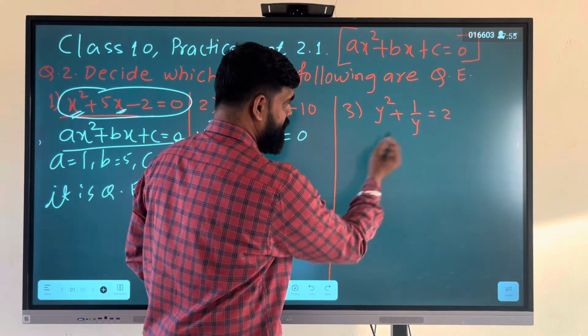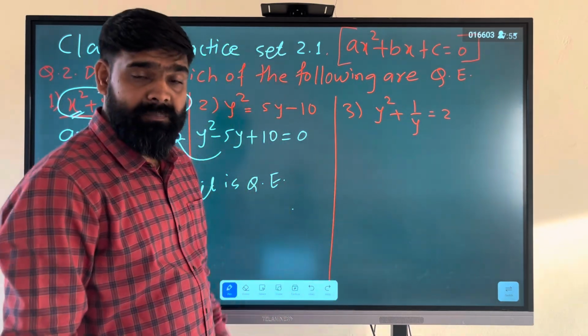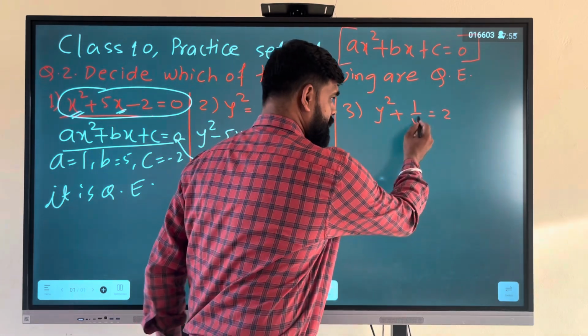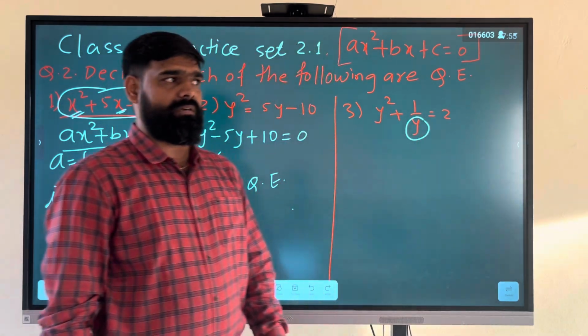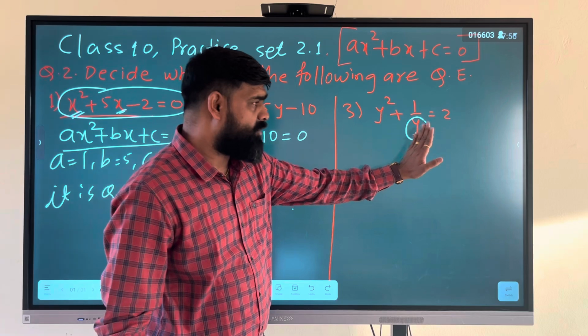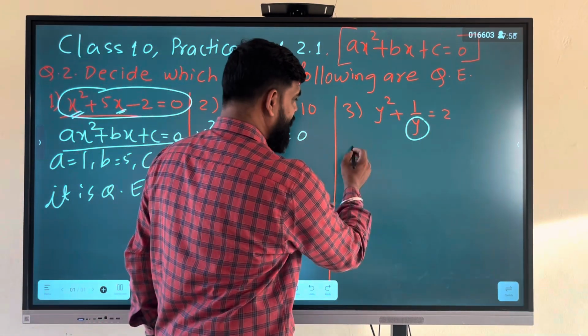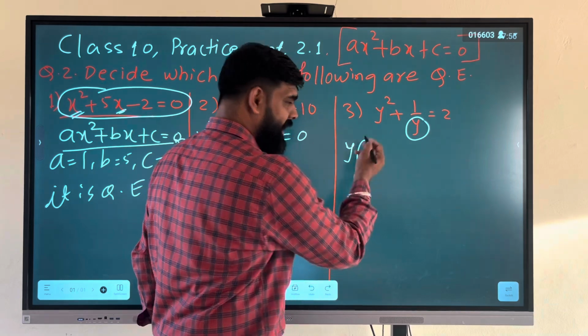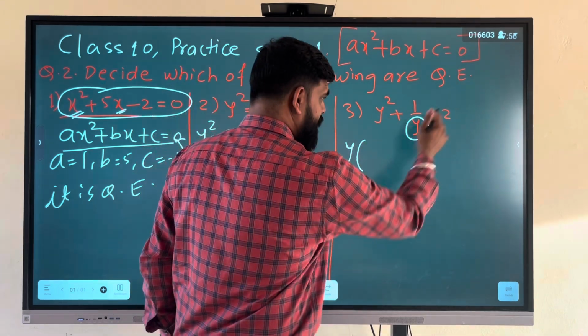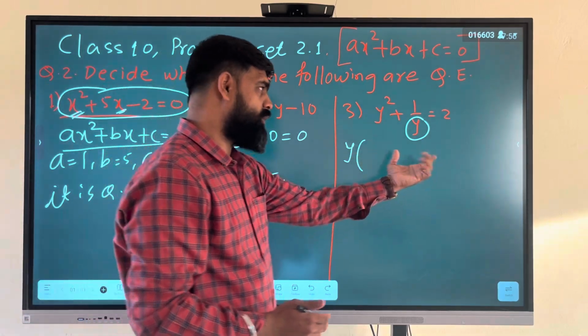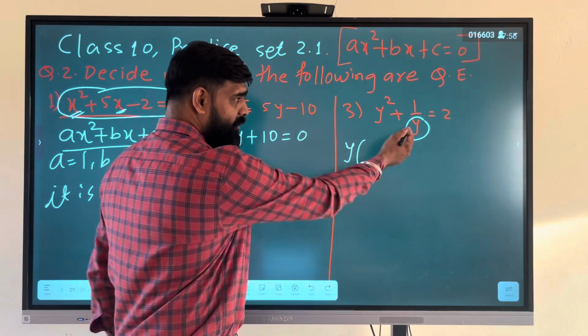And the third equation, let us solve this. For the simplification, we have to cancel out this y. So how to cancel out this y? We have to multiply the equation by y. On the total equation, that is the left hand side and the right hand side, both sides we multiply with y, so that y gets cancelled.